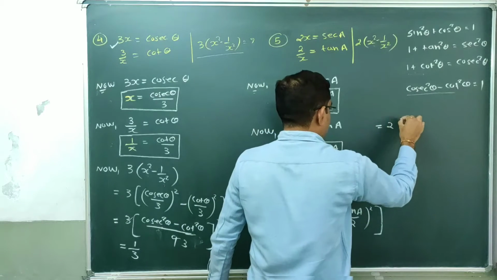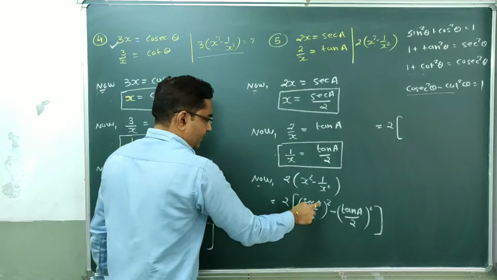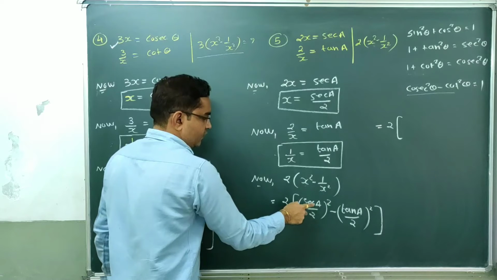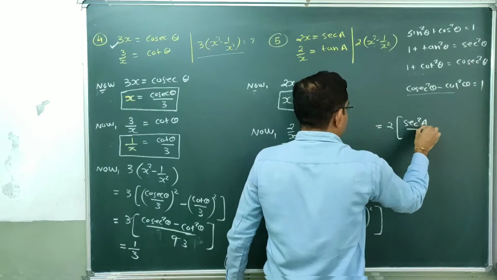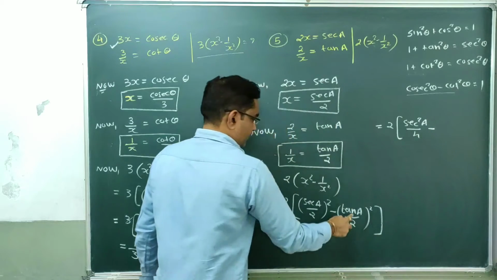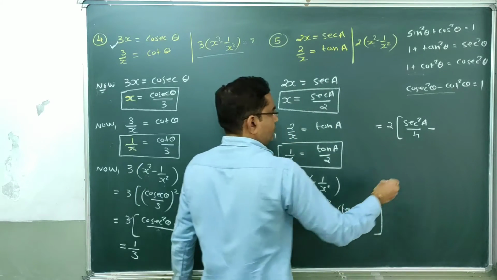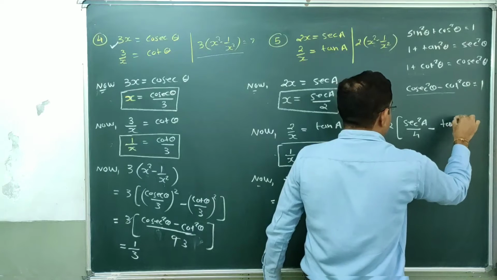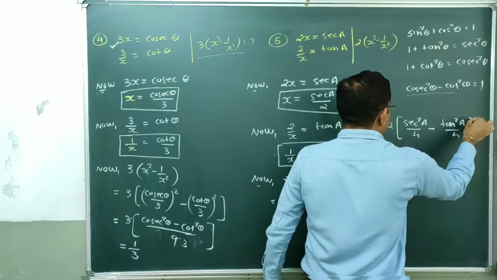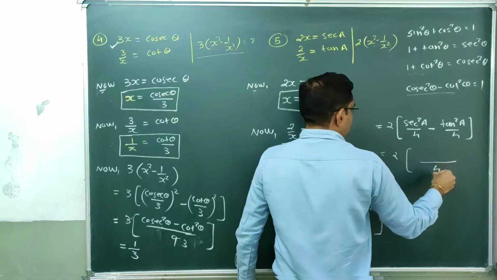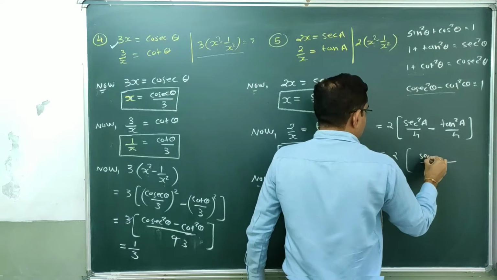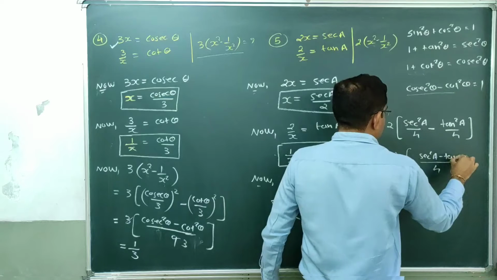It's 2 into sec a by 2 whole square, so it's sec square a by 4, minus tan a by 2 whole square, so it's tan square a by 4. So this is equal to, taking 4 as the LCM, sec square a minus tan square a.